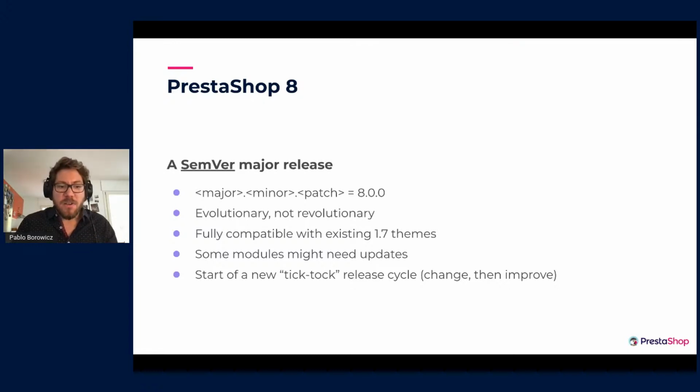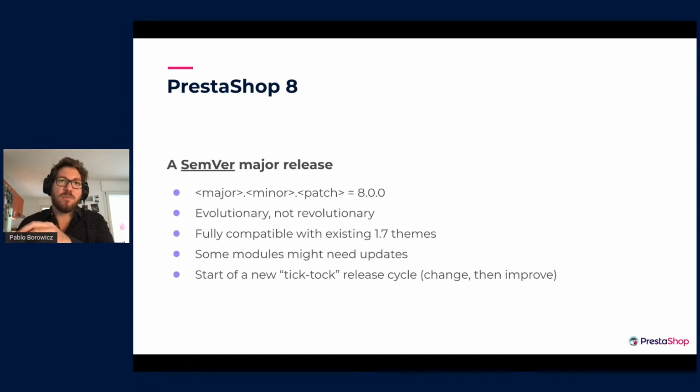And this is the start of a new tick-tock release cycle. We're borrowing this term from the Intel strategy from a couple of years back, which is an alternating cycle. It's a cycle that alternates between architecture changes and then refinements on that architecture.